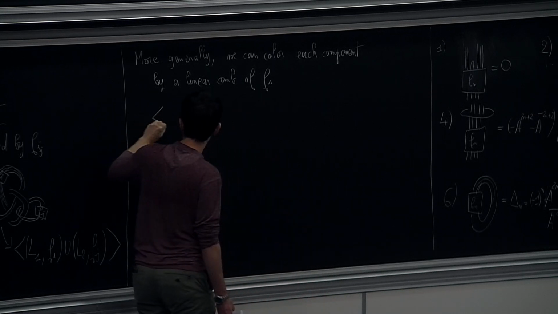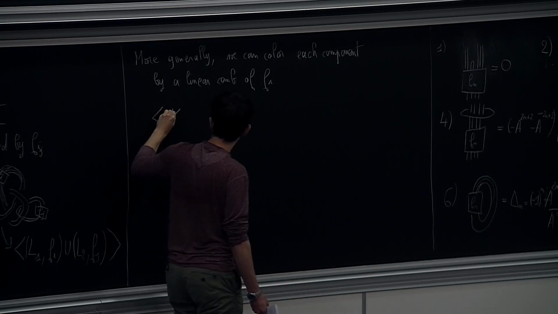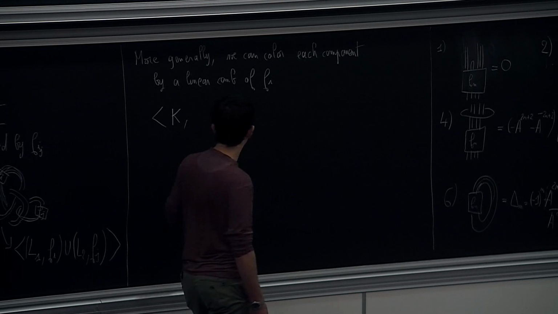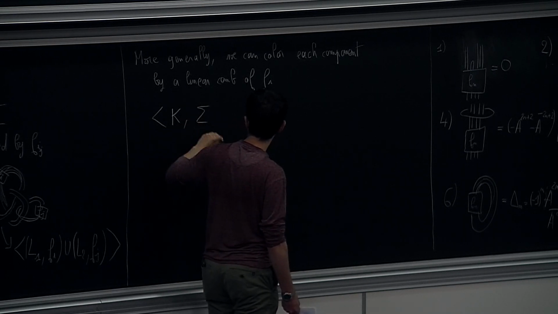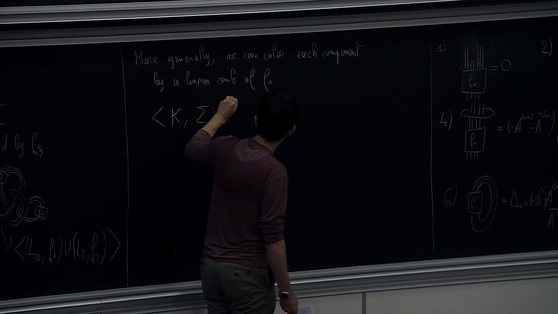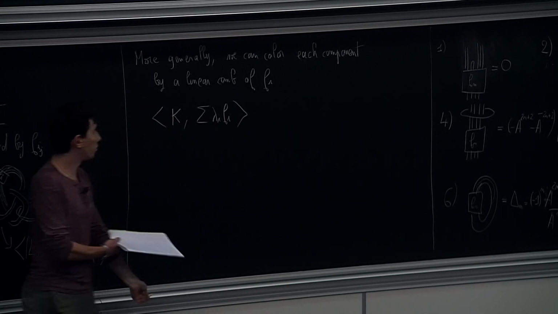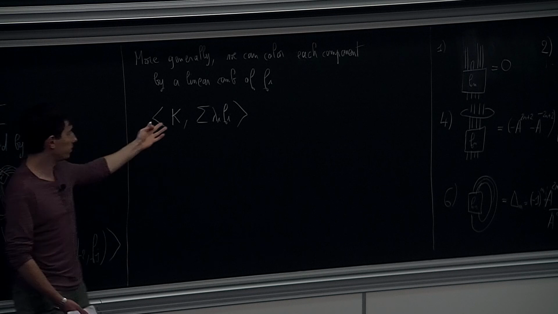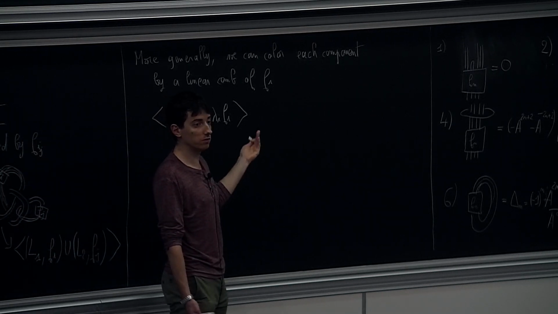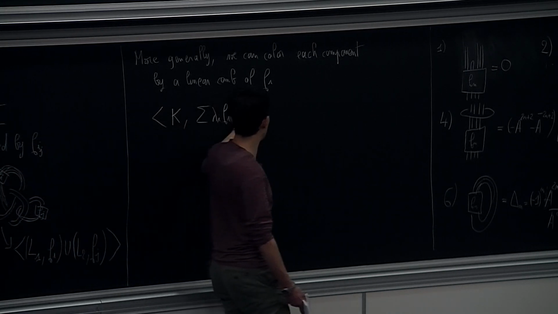So what will it mean if I have a knot and I color it by some linear combination of Jones-Wenzl idempotents, and I want to talk about the colored Kauffman bracket of this knot colored by this? Well, I'm just extending this definition linearly.